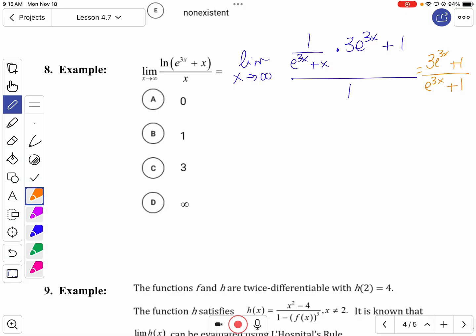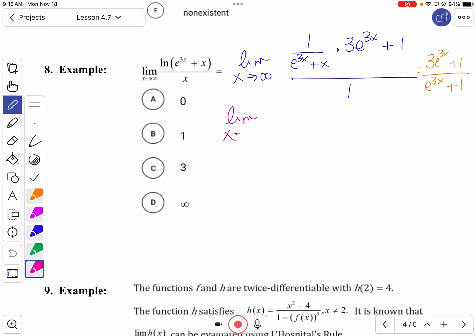No. Now, if I plug in infinity here, 3 times e to infinity plus 1 over e to 3 times infinity plus 1, what's still happening with both of those? It's infinite, okay? E to a really big number is still growing. E to a really big number plus 1 is growing. So we're going to have to do a second derivative this time, okay?